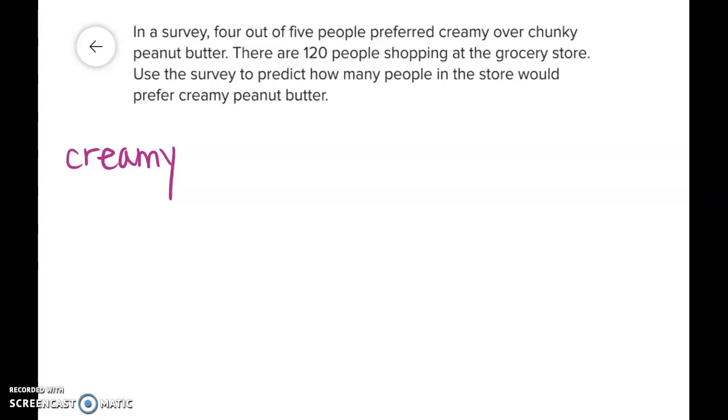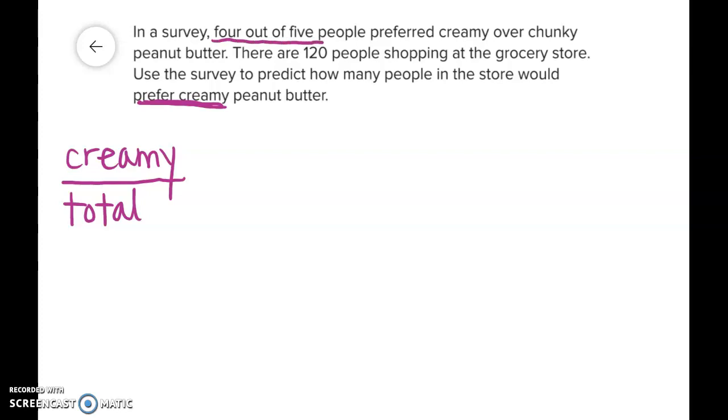So this is actually a little misleading. So we're going to do creamy to total because we actually don't need to know how many people are choosing crunchy peanut butter because we're being asked about who prefers creamy.